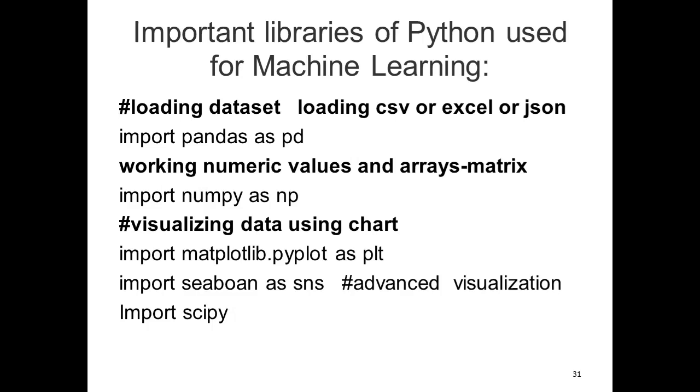You can use the syntax for importing packages: import, then pandas, which is the library name, as pd, for easy understanding. You can use any variable name here, but normally for clear understanding we use the short name pd for pandas.